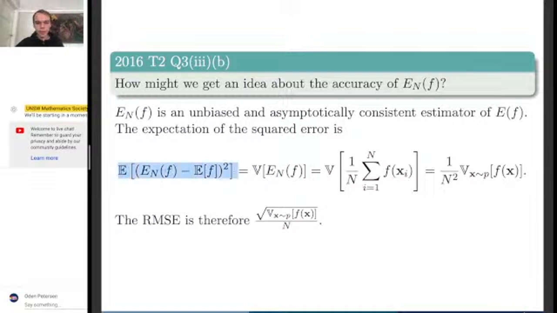And so because of that, when we compute the squared error of the estimate, so this is the estimate minus the true value squared, and then we take an expectation, this is actually equal to the variance of the estimator.